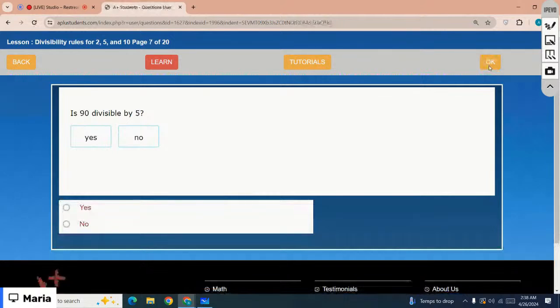Is 90 divisible by 5? Which is the correct option? Yes, it is, because the ones digit is either 0 or 5. Here you have 0, so that means 90 is divisible by 5. The correct option is yes.